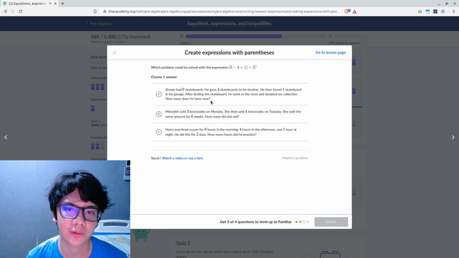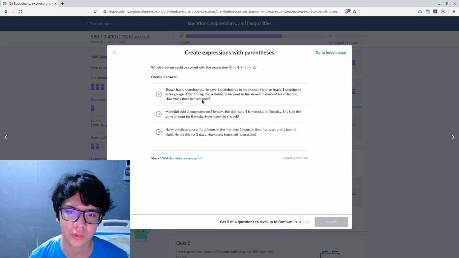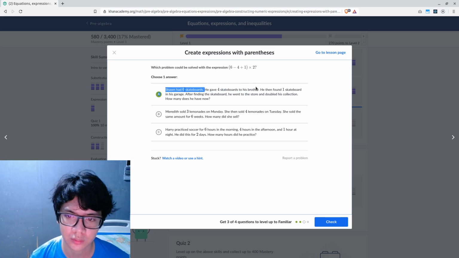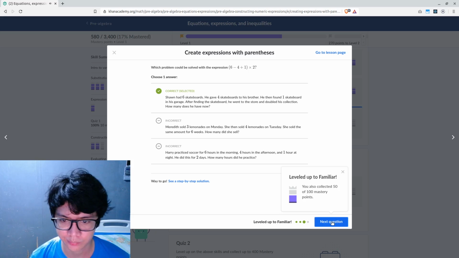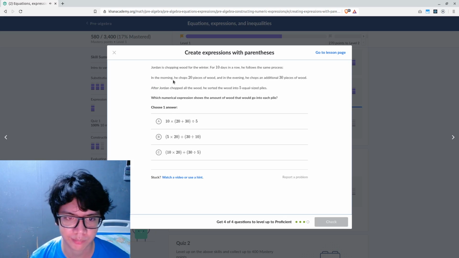Which problem could you solve with expression 6 minus 4 plus 2 plus 1 times 2? Jordan's chopping wood for the winter. For 10 days in a row, he follows the same process.